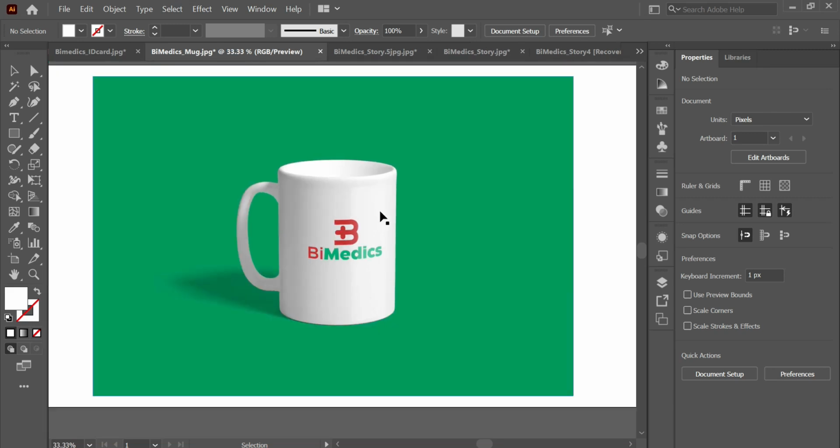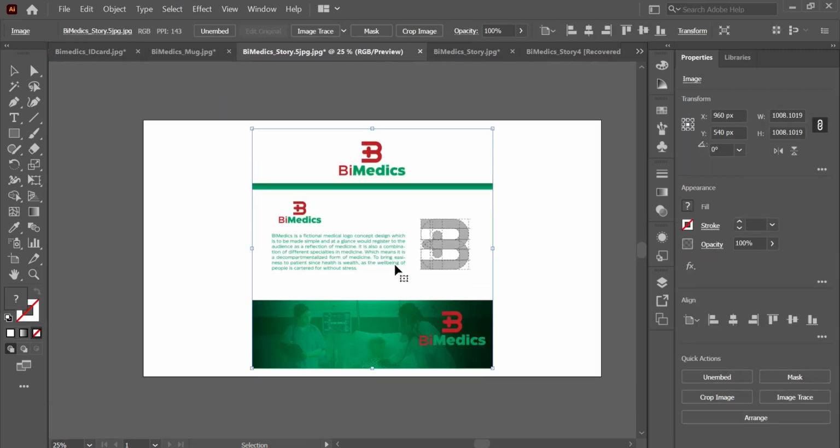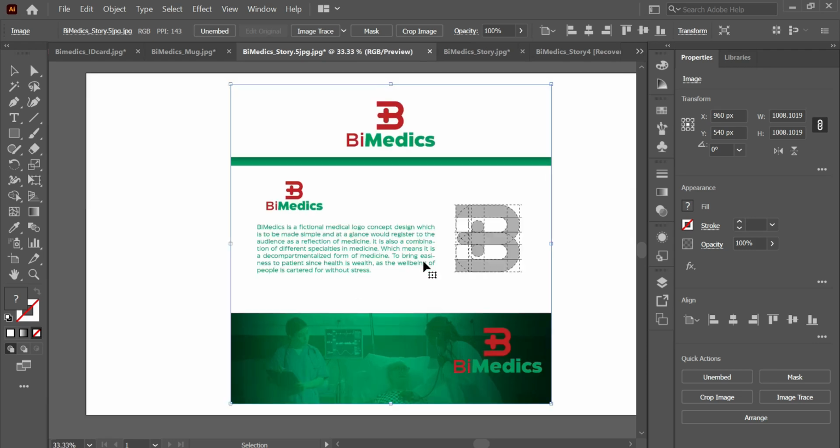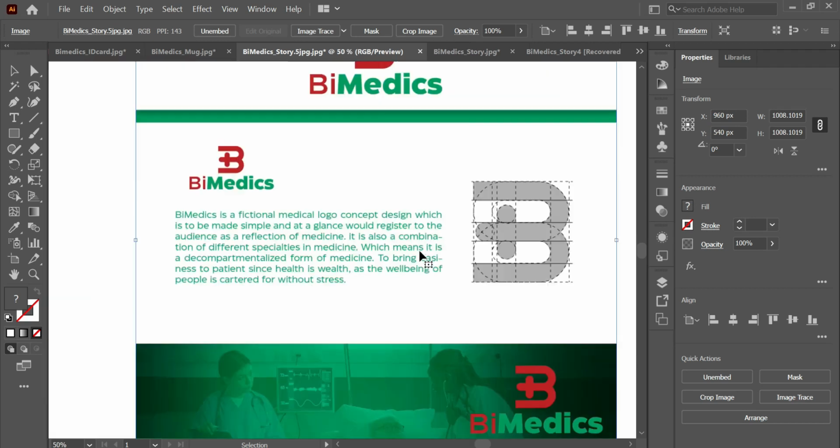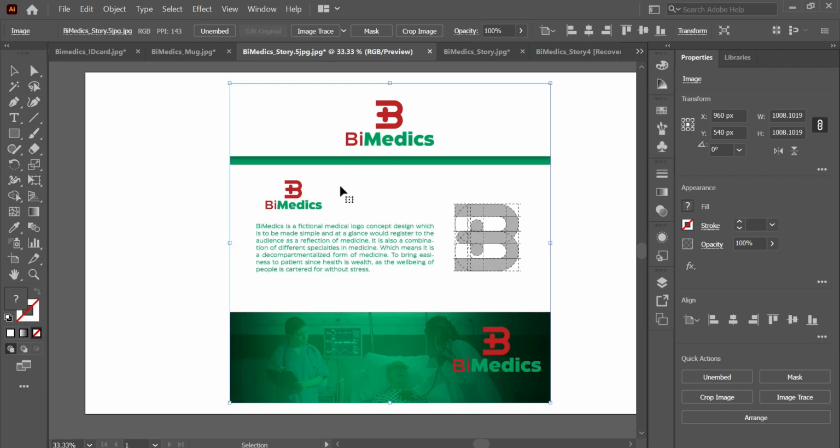In branding, something like this is always used to tell a story about what the brand is all about. This is just a form of presentation. You use this to present to your clients or to the audience, so that they can have a full understanding of the design and why you came up with such a design, and some of the ideas and rationale behind the design. So that's that about this.